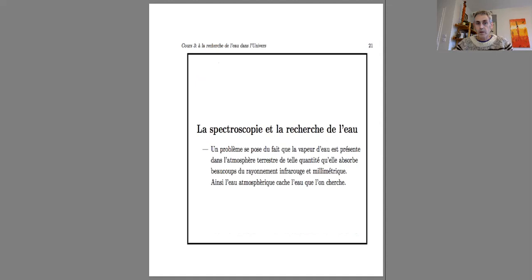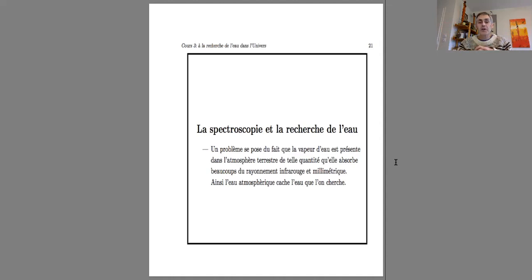The problem is that if you're interested in looking at molecules, their absorption and emission spectra are in the infrared or even the microwaves, so millimeter wavelength waves, and the problem is that the atmosphere here on Earth has water in it.